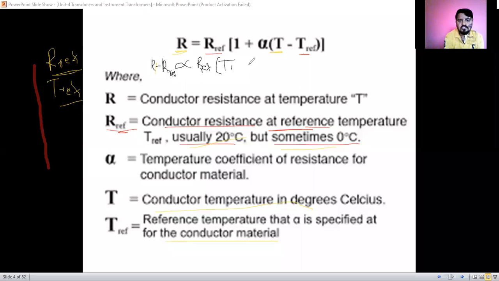Actually this was the initial formula. Is it visible? Yes, sir. This is the initial formula we are going to call here.